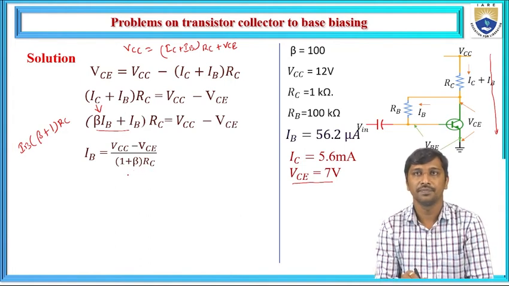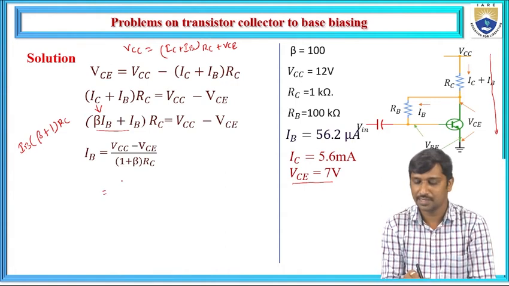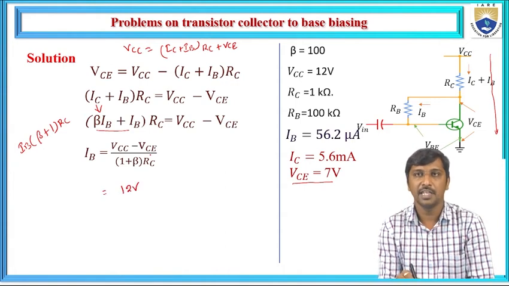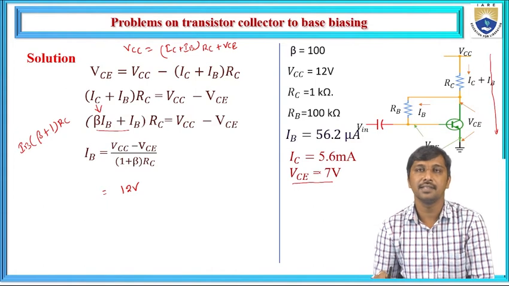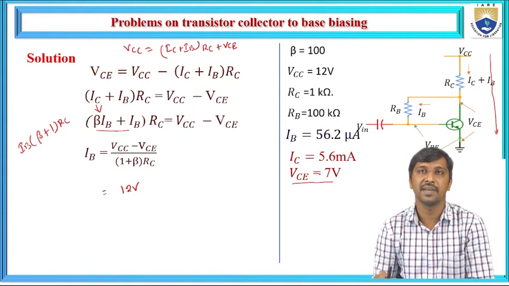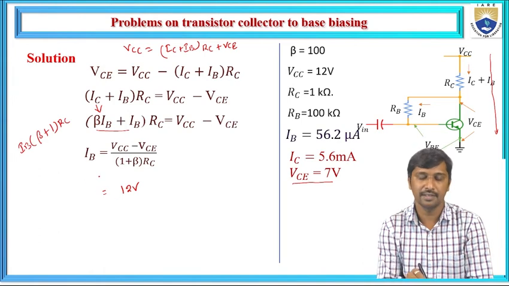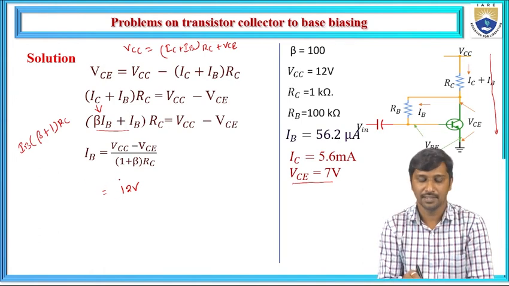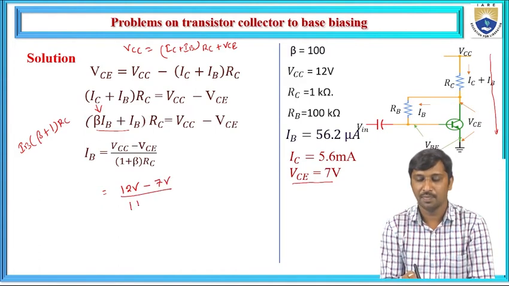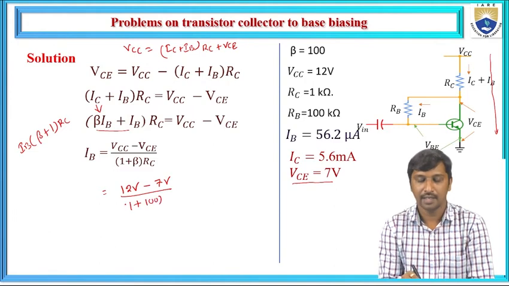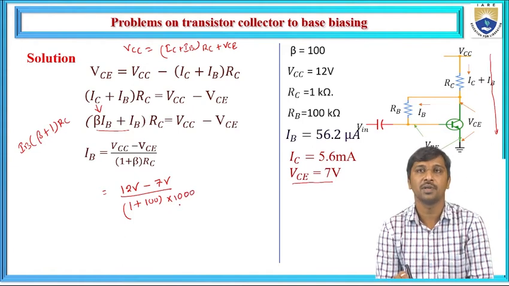So now we can substitute the given specifications. VCC is 12 volts, but we need to consider the VCE value as 7 volts. Due to this VCE of 7 volts, we need to calculate how much base resistance is required. The base resistance also depends upon the base current, which is the reason first I am going to calculate the base current. VCC is 12 volts, VCE is 7 volts, divided by 1 plus beta, which is 100, times RC, which is 1 kilo ohm, that is 1 into 10 power 3.